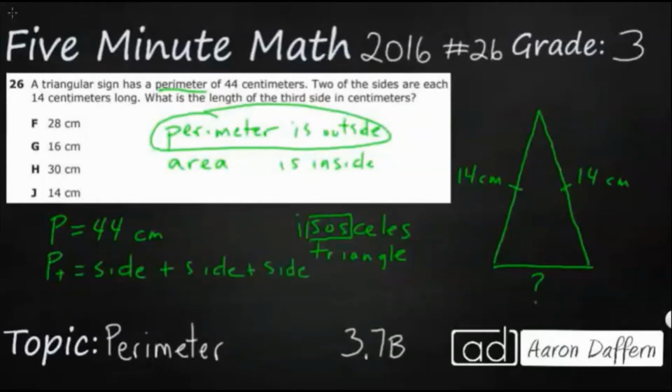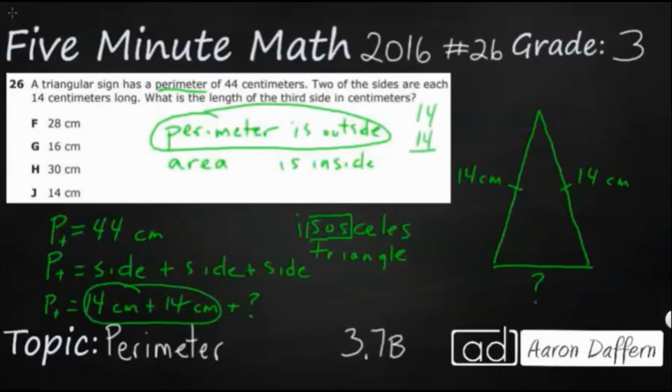You just add up all 3 sides and you have your perimeter. And guess what? We already have 2 of our 3 sides. So perimeter of a triangle here is 14 centimeters, that's one side, plus 14 centimeters plus this question mark. That's what we're trying to figure out. Well, let's see if we can figure out what is 14 and 14.